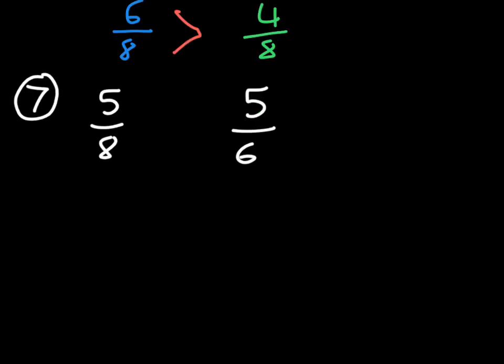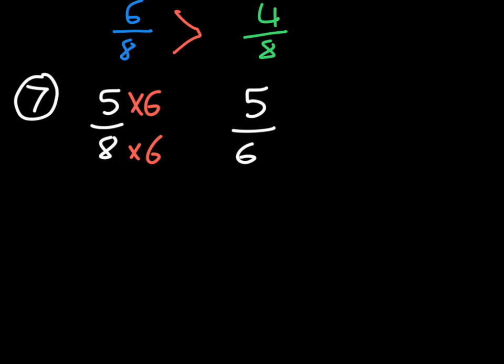Question number 7 once again asks us to compare these two fractions. So let's use the same method that we used in the last example. We're going to multiply this fraction by the denominator of the other fraction. So we multiply by 6 and we multiply by 6.